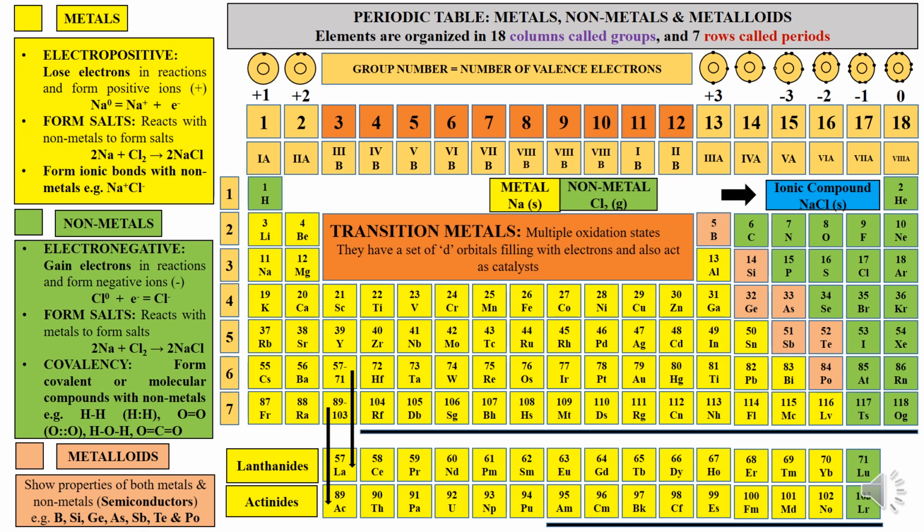Now coming to the last and the interesting group, that is group 8. Group 8 elements have a total of 8 valence electrons in their outermost shell. They have a stable electronic configuration with a full octet of electrons. They do not gain electrons, they do not lose electrons, nor do they share electrons in reactions.